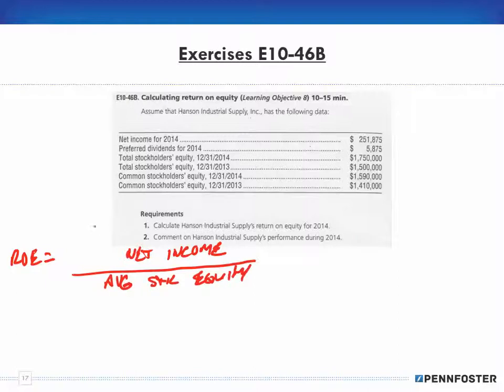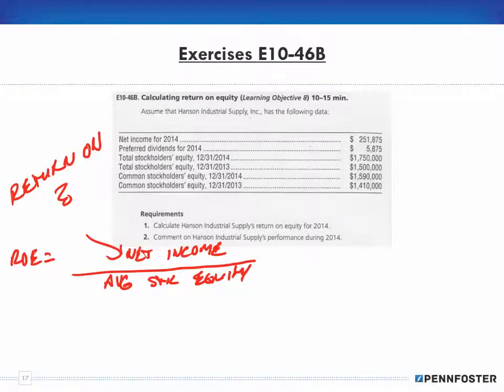Whenever you have a return on something, generally you're talking about what you're getting back for your investment. So our return on equity is basically our net income, because that's what we're creating from that equity.